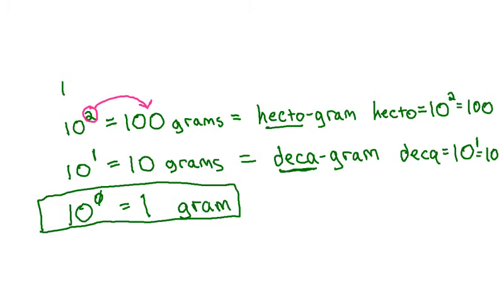So let's do another one. 10 raised to the third power is 1,000. So 1,000 grams is equal to 1 kilogram.